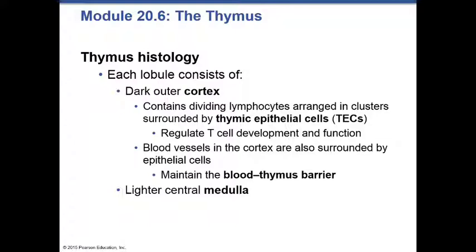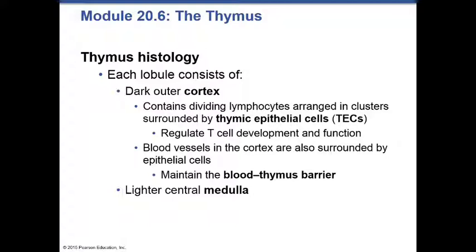Here, cells would be destroyed. I mentioned last time that about 98% of T cells are destroyed during their development because the immune system, while it's creating those T cells, goes through a selection process. And if those T cells have any reactivity toward self, then they will be destroyed.